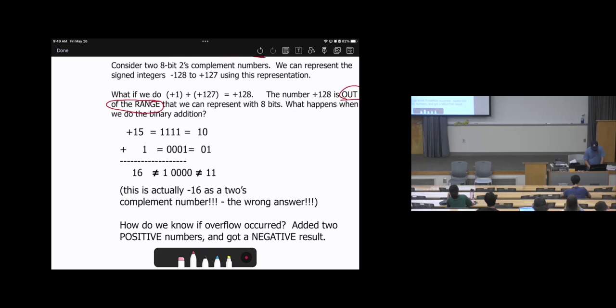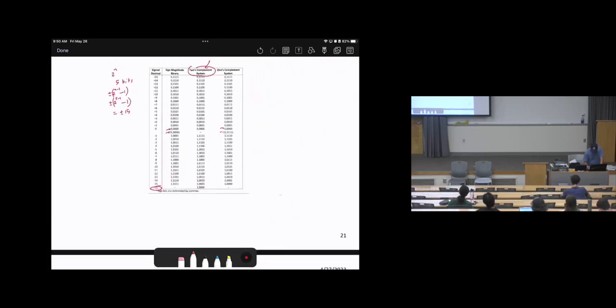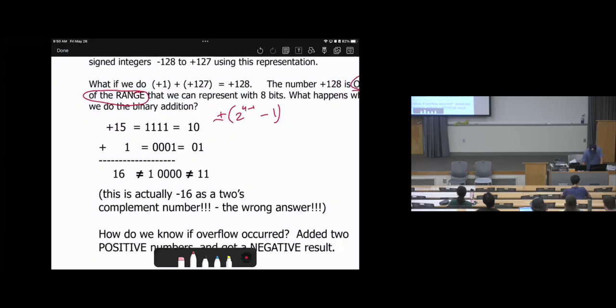Another small example: let's assume we have 4 bits. So 2 power 4 minus 1 minus 1. The formula will be 2 power 3, minus 8, which makes it plus minus 7, right?